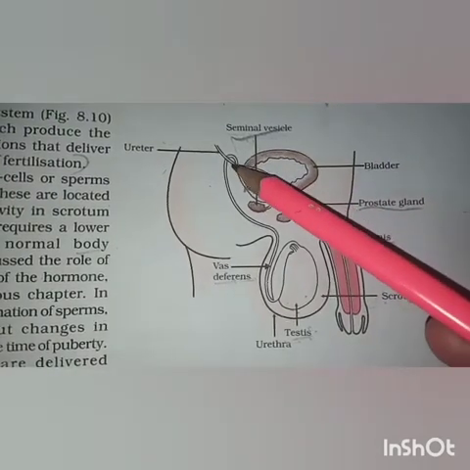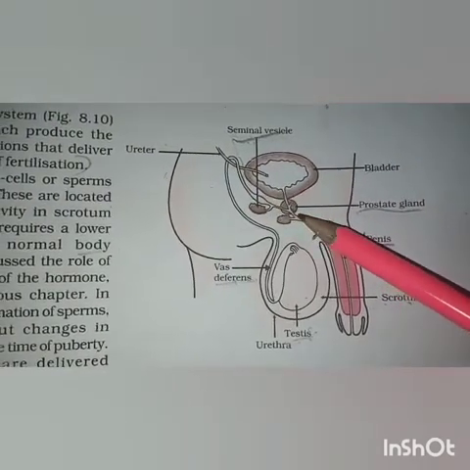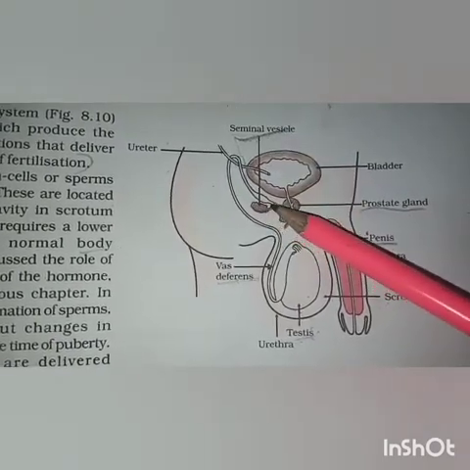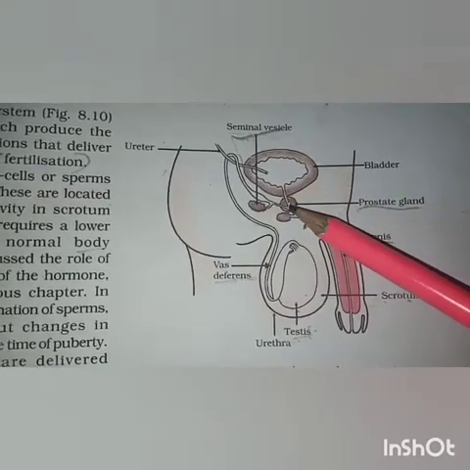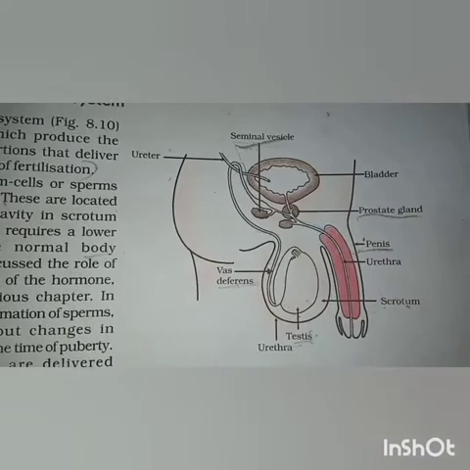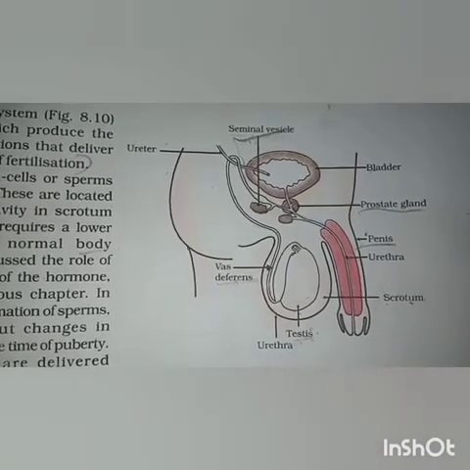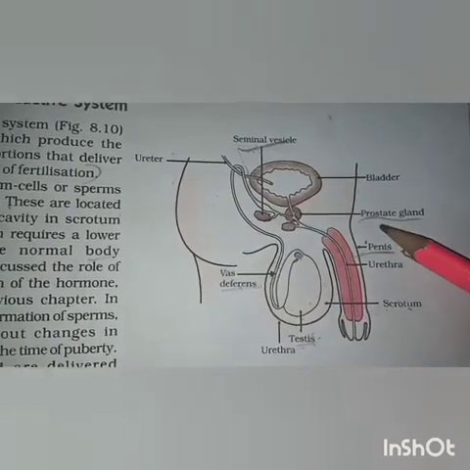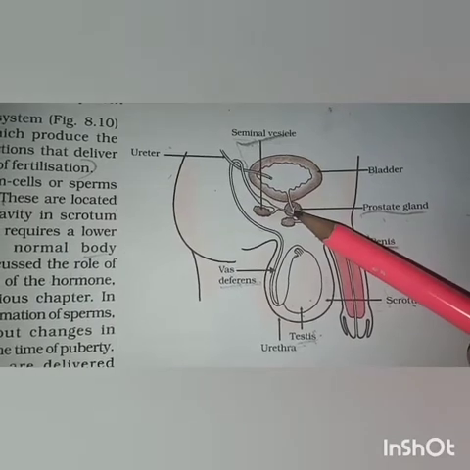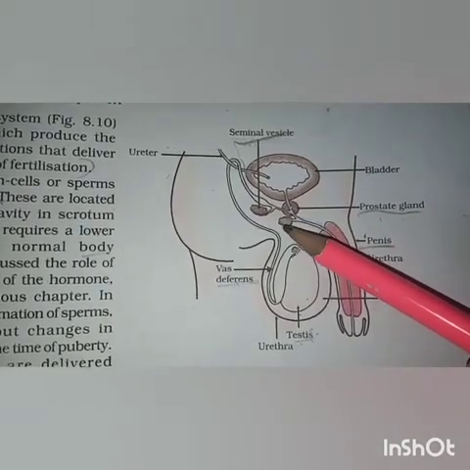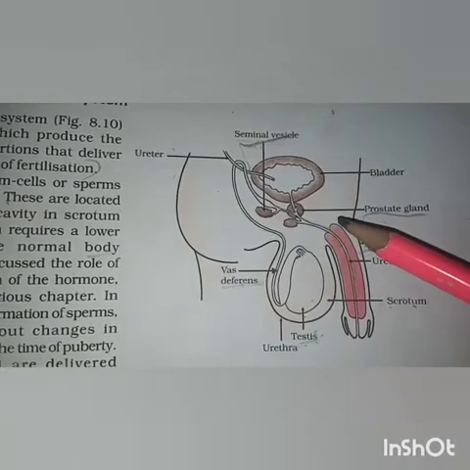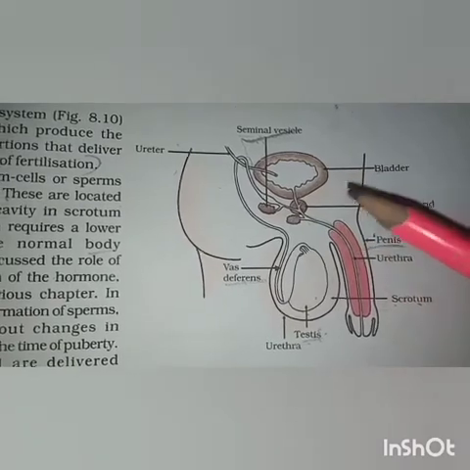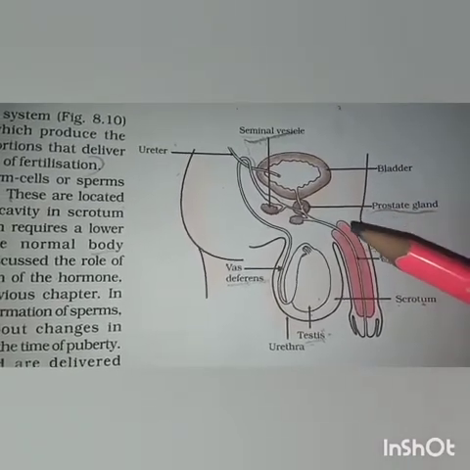Along the path of this vas deferens, you can see one duct from the seminal vesicle and one duct from the prostate gland joined with the vas deferens. So they release their secretions. The seminal vesicles and prostate gland release their secretions into the vas deferens, so that the sperms are now in a fluid which makes their transport easier, and this fluid also provides nutrition.